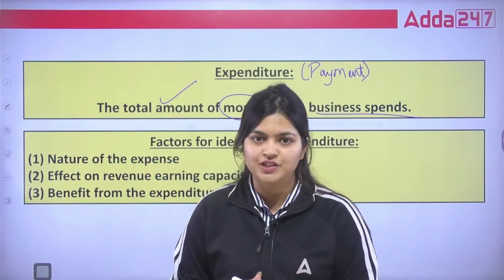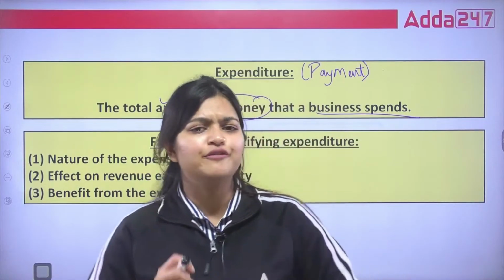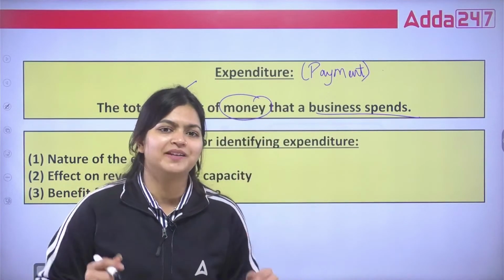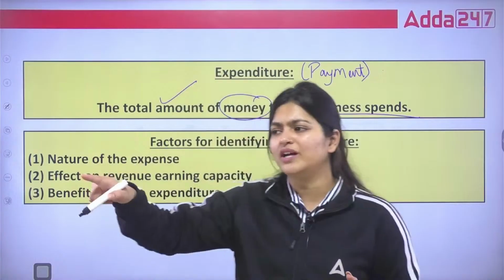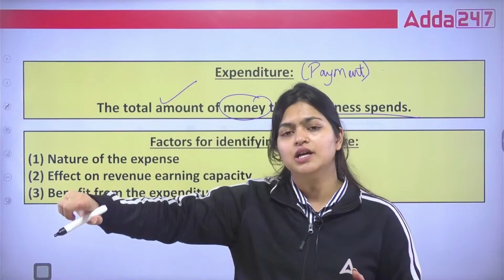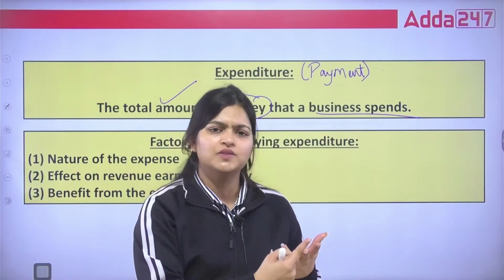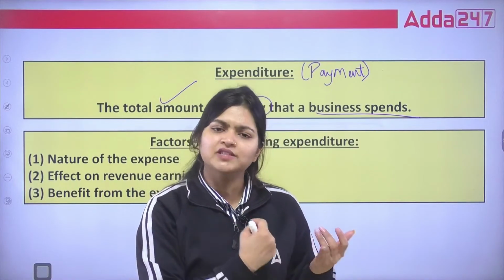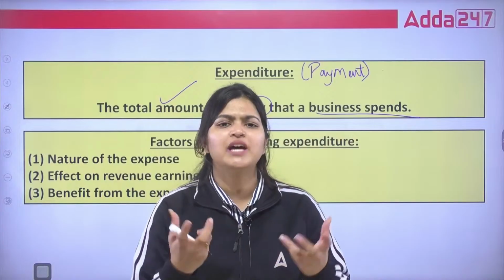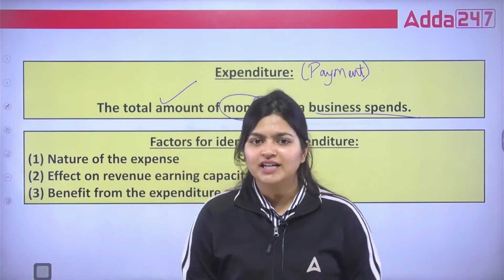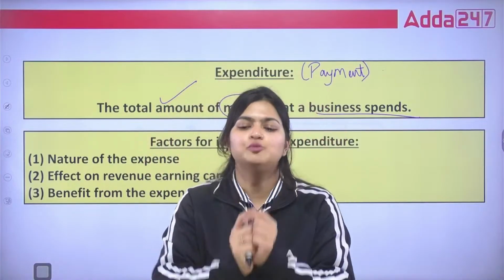That is expenditure. But what are the different factors which will help me identify which type of expenditure I'm doing? Am I acquiring a long-term asset, or giving payment for salary to employees, or paying rent, or paying an electricity bill? First, I have to understand that this is my expenditure.